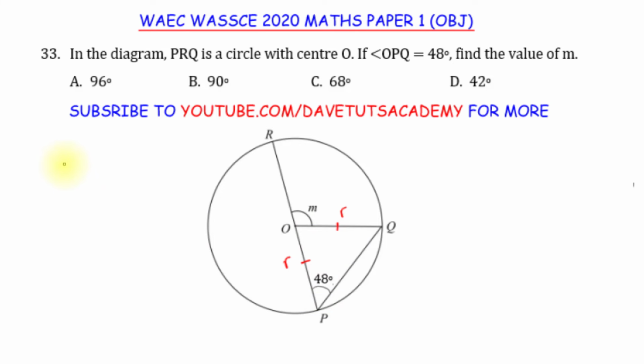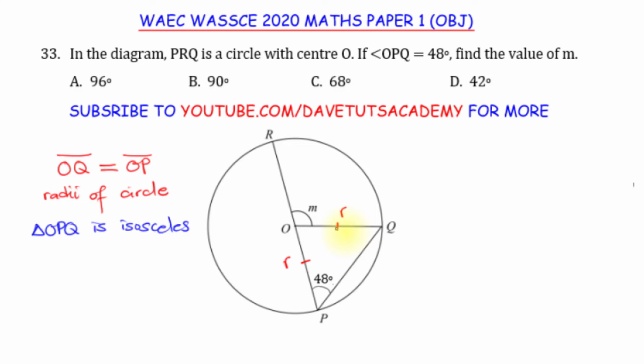So line OQ is equal to line OP, because these are radii of the same circle. They are coming from the center of the circle to the circumference of the circle. If they are radii like this, that means that triangle OPQ is isosceles.